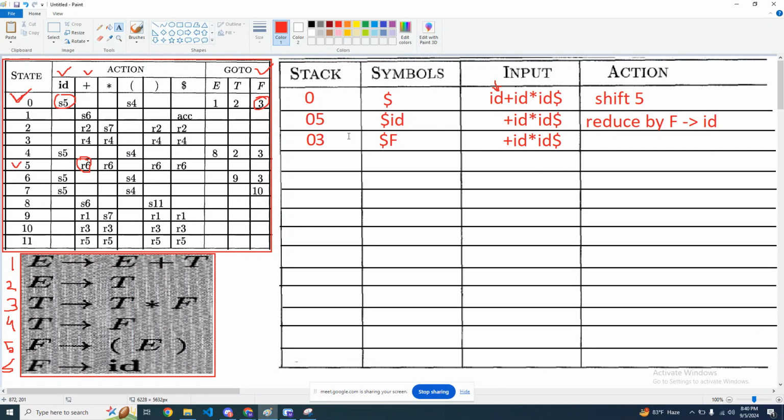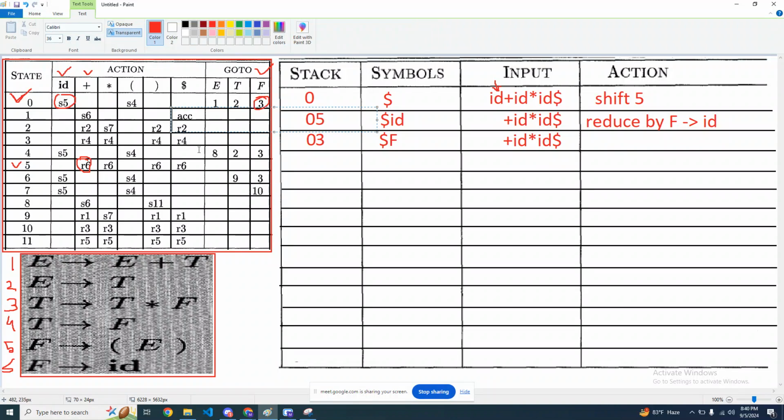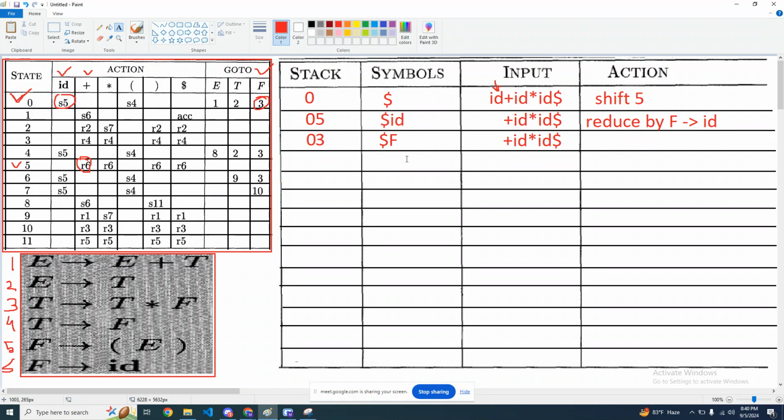So similarly, you will repeat this process until you get accept, or until you hit any of the blank cells, which is an error, or if your stack is empty. These will cause errors, right? Or you can accept.